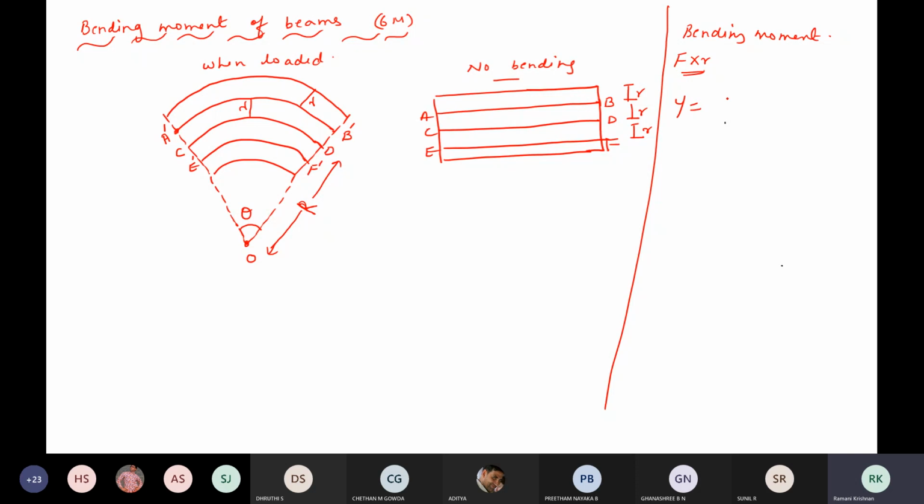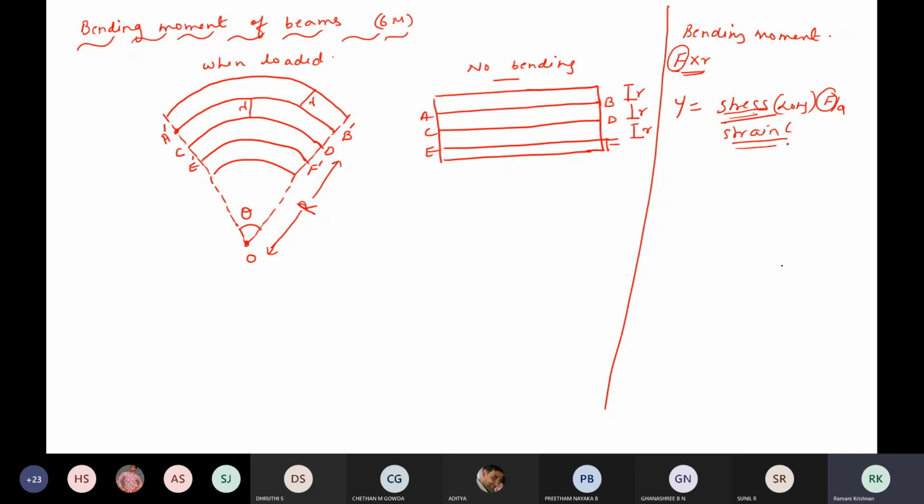Young's modulus is longitudinal stress by longitudinal strain. If I get this longitudinal stress, that is force per unit area, from that I am going to find the bending moment.